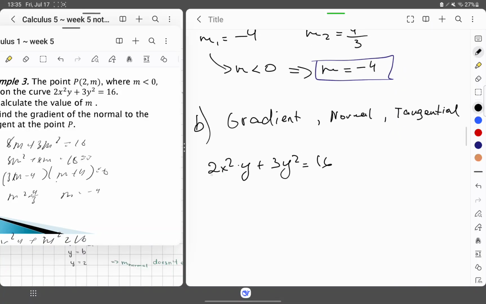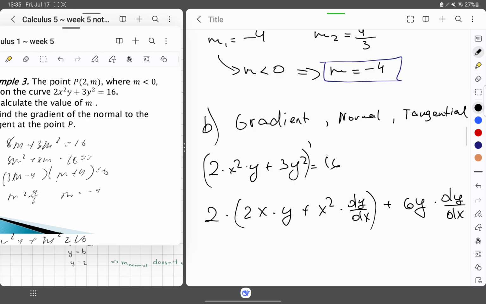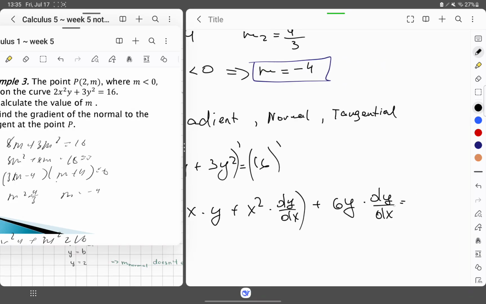It will be, using the product rule, 2x times y plus, no, yes, 2 times, because I get confused. 2x times y plus x squared times dy over dx plus 6y times dy over dx will be what? Find the derivatives of both sides. It will be 0.